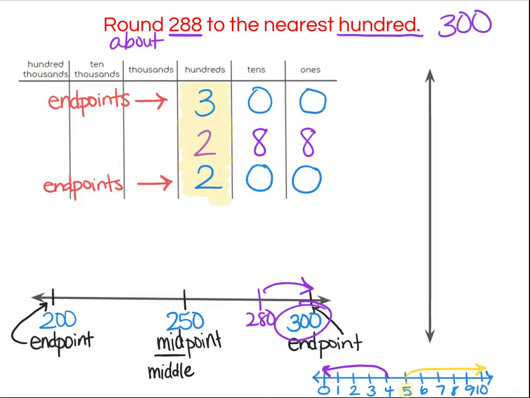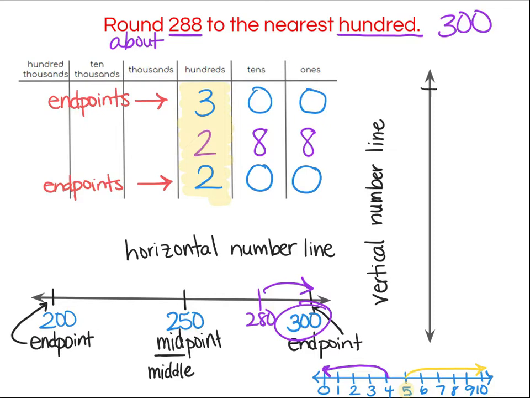We can do the exact same thing that we did on the horizontal number line on the vertical number line. We have our 2 endpoints, which from our place value chart and our horizontal number line, we can see the lower one is 200 and the upper endpoint is 300. Just like the horizontal number line, the vertical number line also has a midpoint.